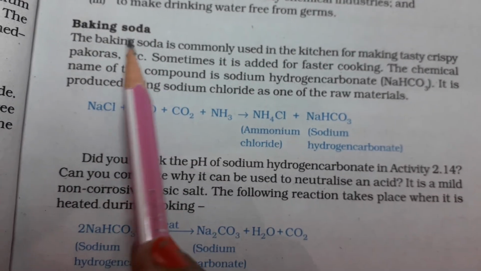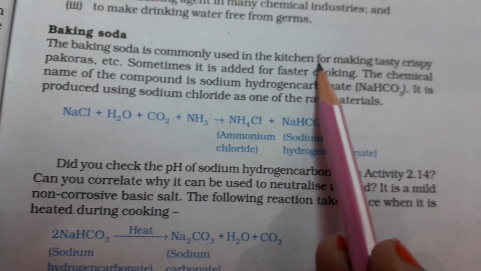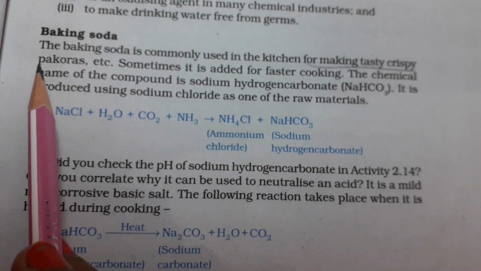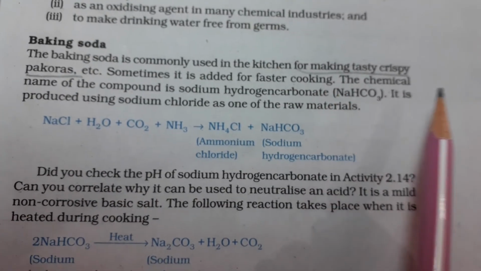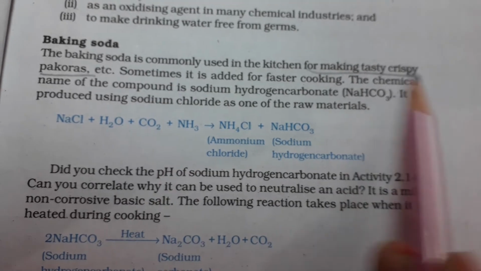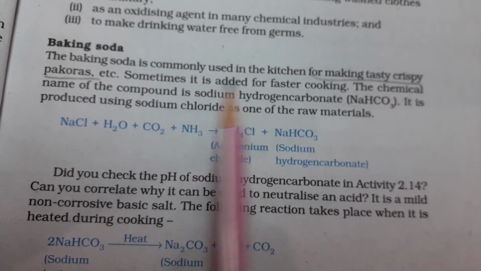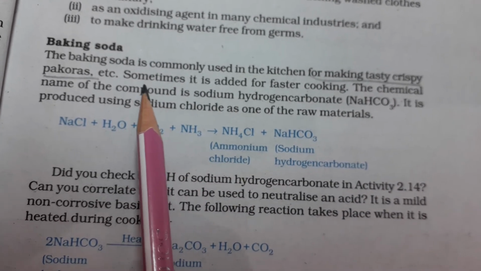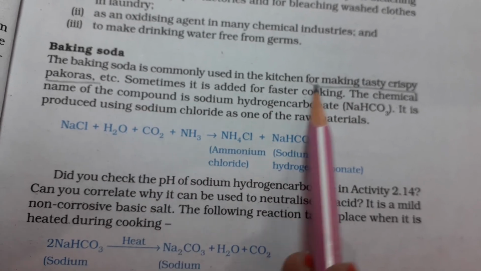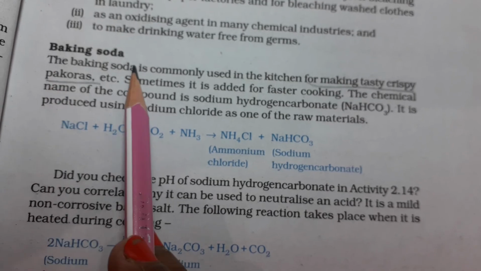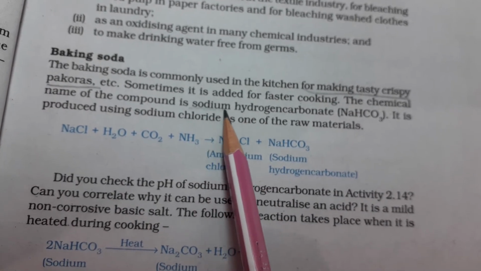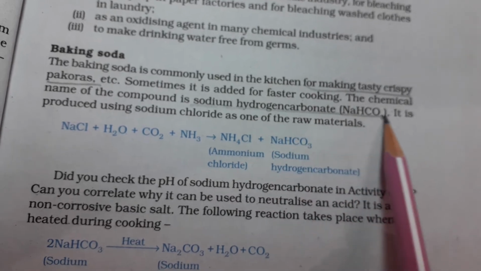Baking soda is commonly used in the kitchen for making tasty crispy pakoras. So whenever there is talk of crispy pakoras, you should remember that for making crispy pakoras we use baking soda, or sodium bicarbonate, or sodium hydrogen carbonate.